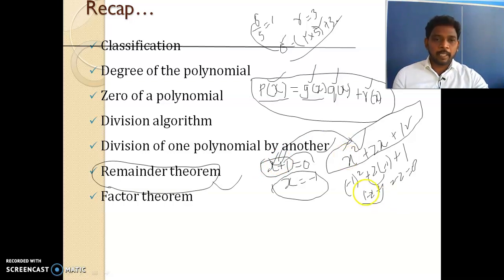It is very simple, the same thing. You find the remainder. If the remainder is 0, then x plus 1 is a factor of this; otherwise not. In this example, we found that the remainder is 0. Therefore, x plus 1 is a factor of x square plus 2x plus 1. Suppose your remainder is not 0, then it is not a factor.